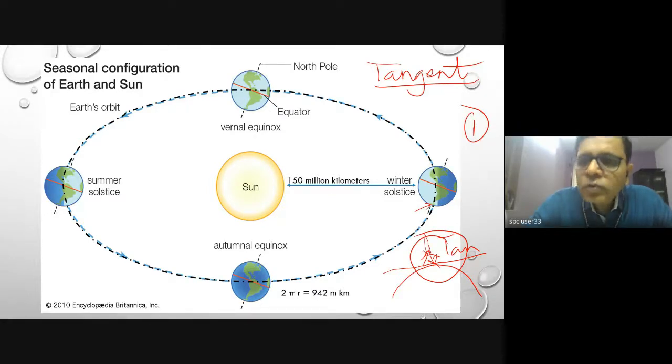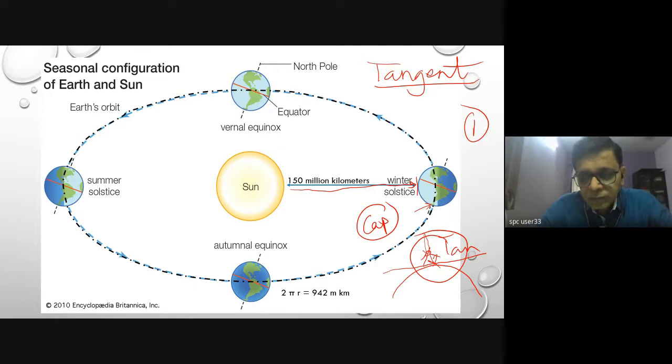I'll try to draw a tangent here, because it's all shaky here. I don't know whether at the scale of your mobile screens you are able to see this, but if I draw a tangent and bring one ray from the sun all the way down here, the only point at which the angle is going to be 90, a right angle, on this particular day is the Tropic of Capricorn, the only point.